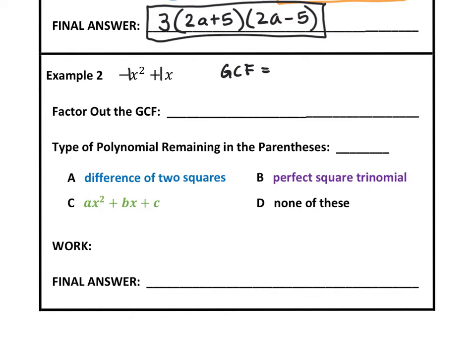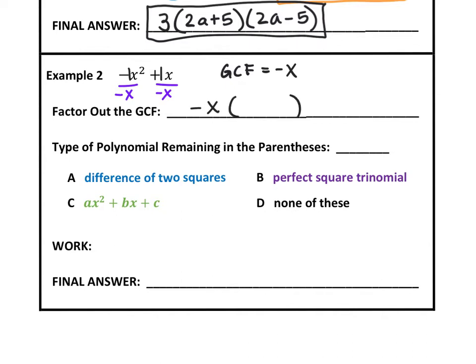It's not written. What about letters? How many x's do they have in common? They have 1 x in common. And is the first term negative? Yes. So I'm going to put a negative in the GCF. So I'm going to divide both of these by negative x.